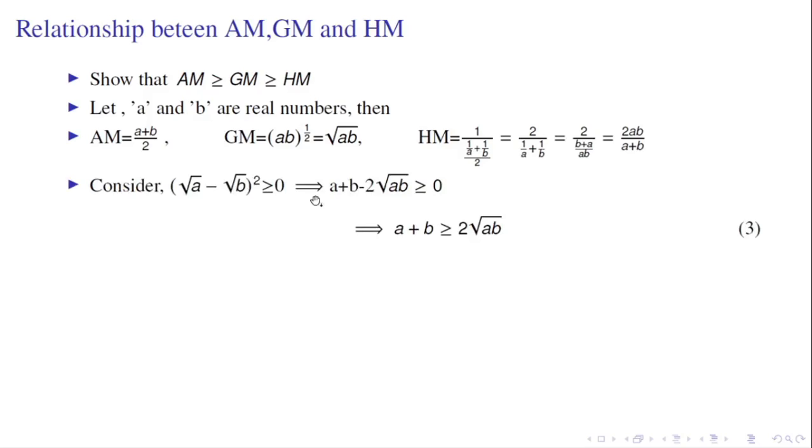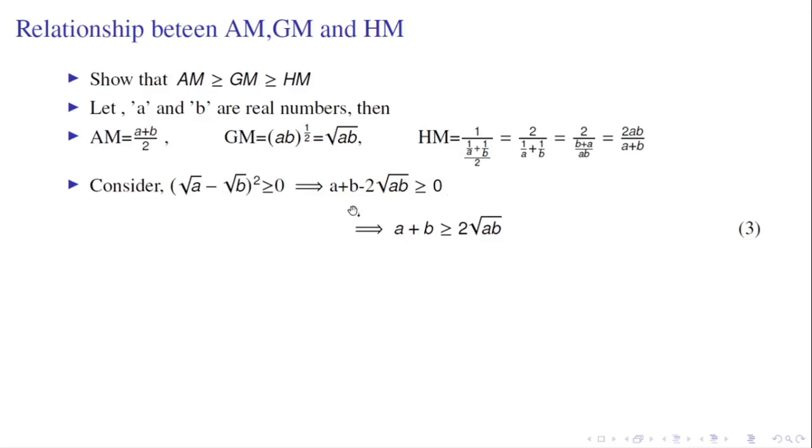Now consider (root A minus root B) whole square. Here the difference of two real numbers is squared, so this must be a positive value. Expanding, root A whole square is A, root B whole square is B, so A plus B minus 2 root AB is greater than or equal to 0.